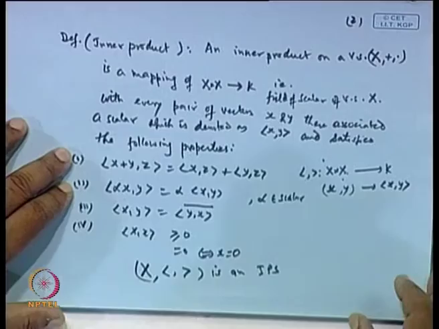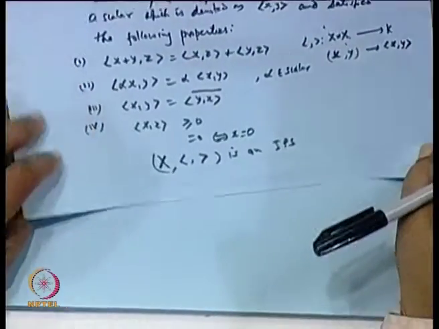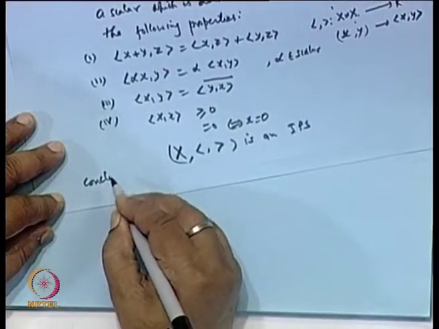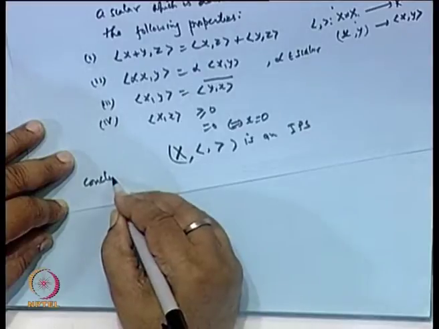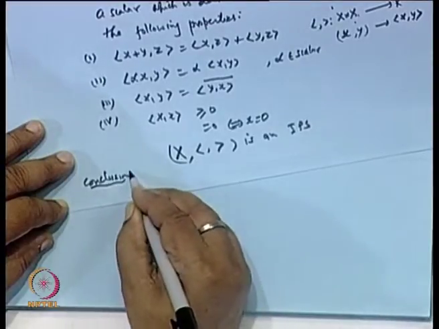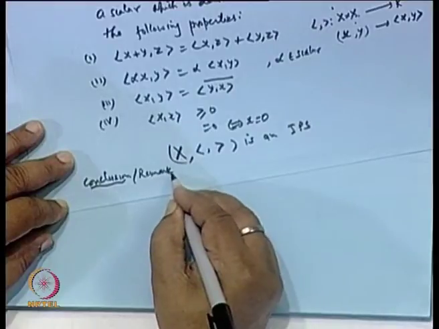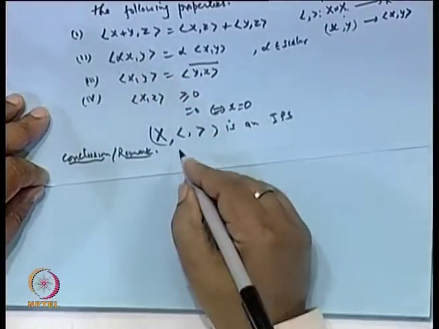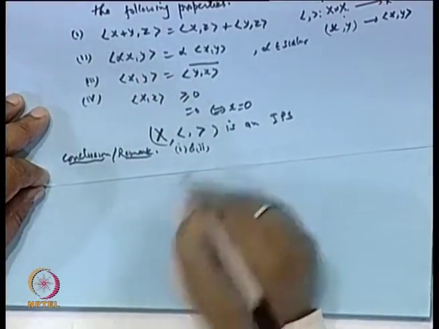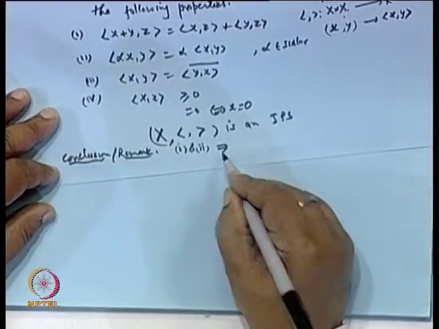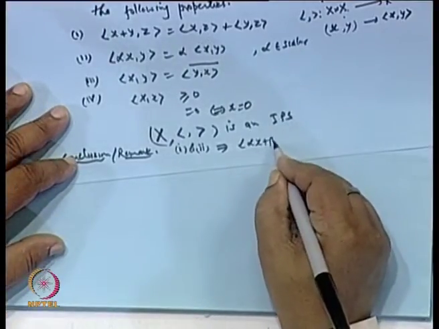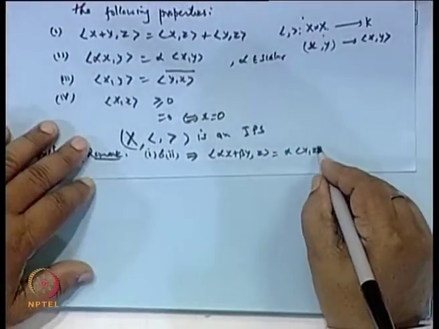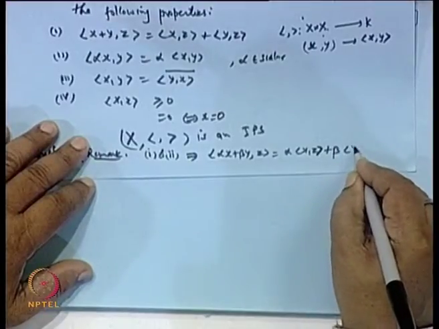If I combine the first and second property, then what we get is a remark: if we take 1 and 2 together, then this implies that (alpha x plus beta y, z) equals alpha times inner product of (x, z) plus beta times inner product of (y, z).